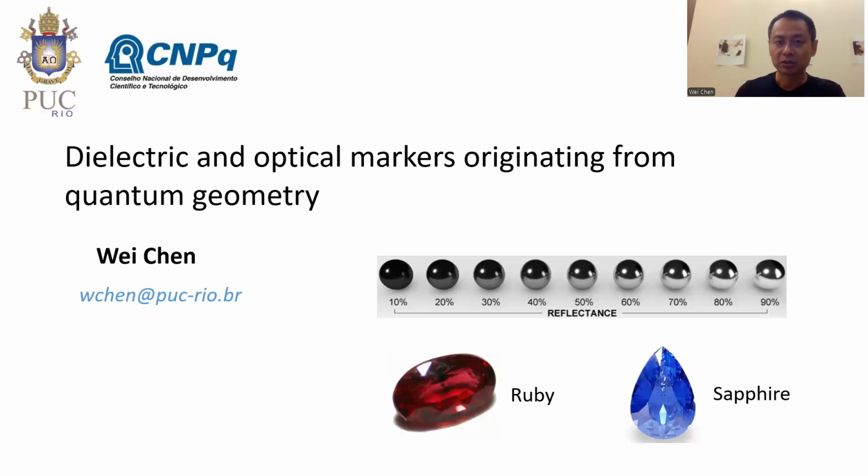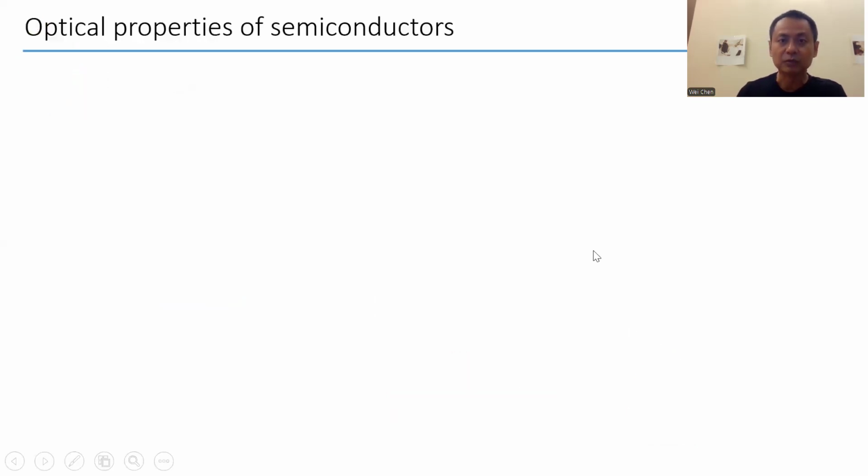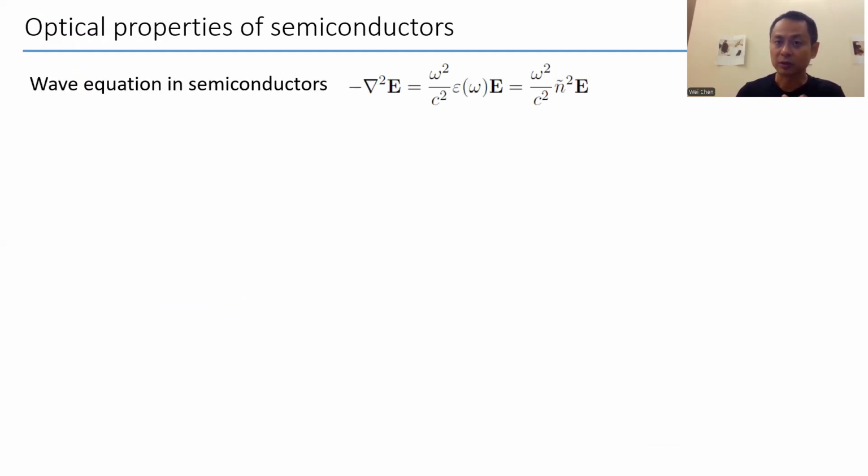So to start, let me briefly review these optical properties of semiconductors and insulators, where they come from and how we describe them. It all started with the wave equation of light in semiconductors.